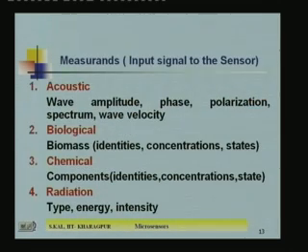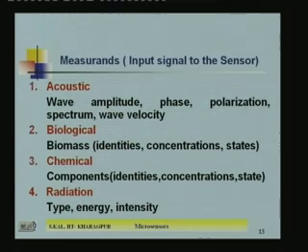Now, what are the measurements, that is the input signal to the sensor? The measurements are acoustic, the level of the acoustic energy you want to measure sometimes, and what basically are the parameters of the acoustic energy you are going to measure? Those parameters are many. Those are basically wave amplitude of the acoustic signal, phase of the acoustic signal, polarization, spectrum and wave velocity.